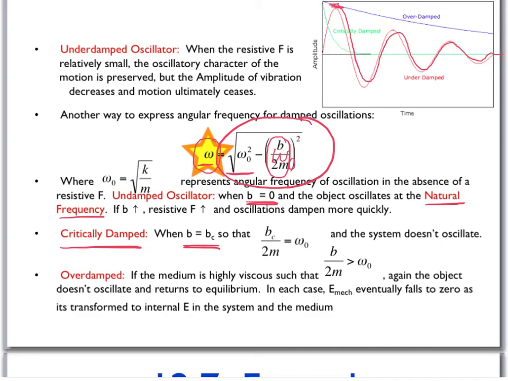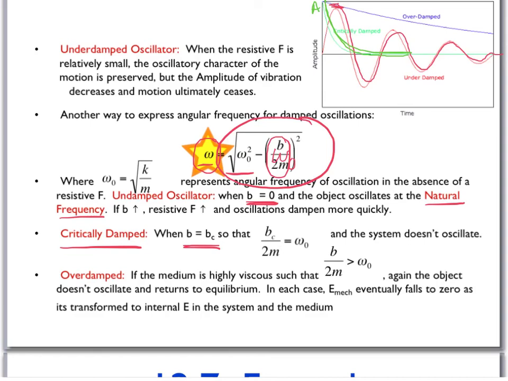And if there is no angular frequency, then this object is not going to oscillate at all. Instead, we see this critically damped nature where it quickly returns to its equilibrium position. You pull it out to some amplitude, it does not oscillate, but very quickly returns to equilibrium.